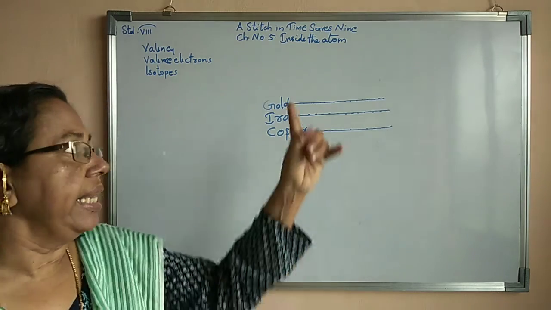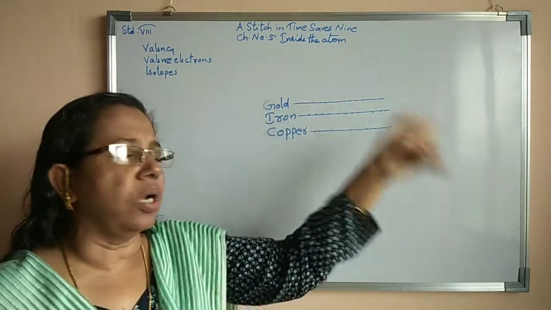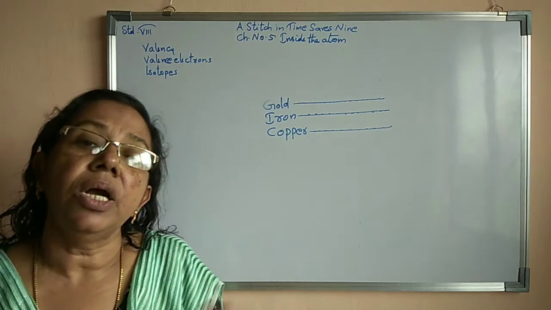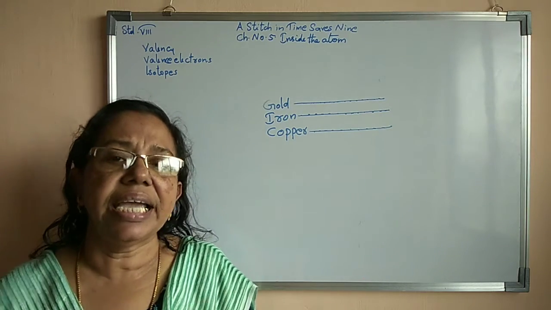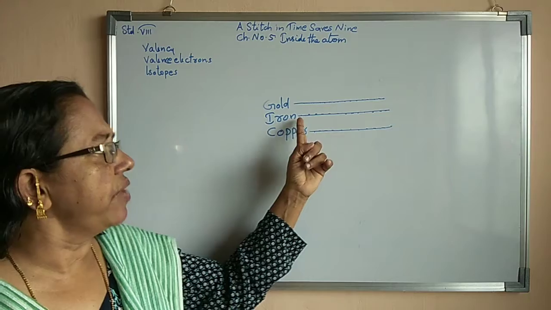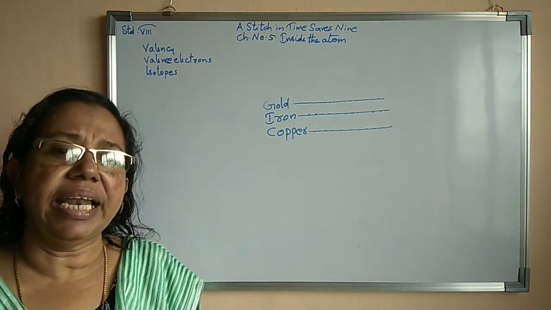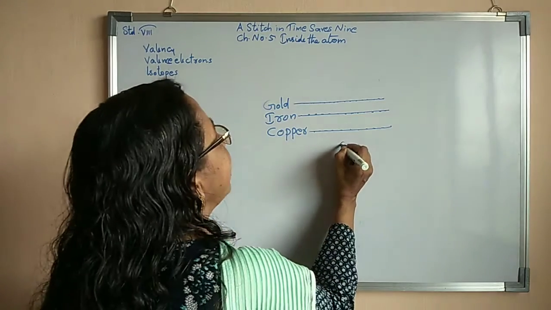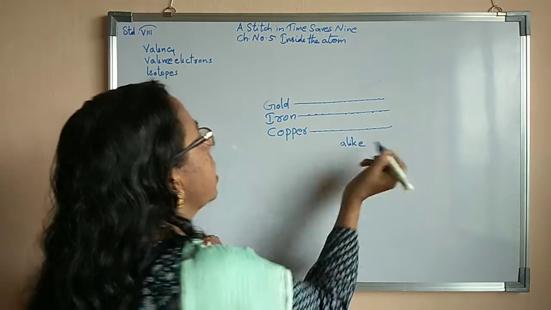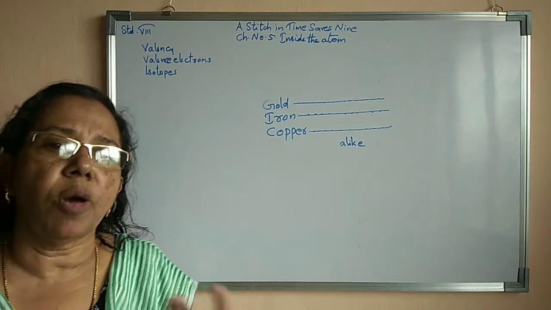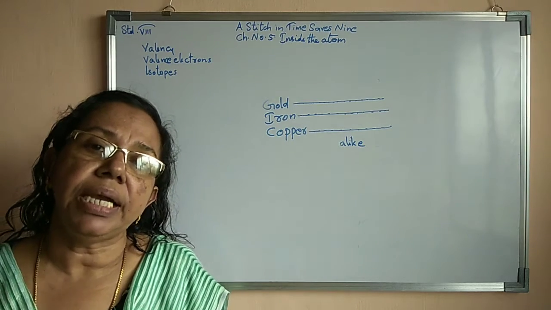In the gold wire, all atoms are alike. Alike means the same. In iron, they are all alike, the same in look. Now in copper also, all atoms will be alike.